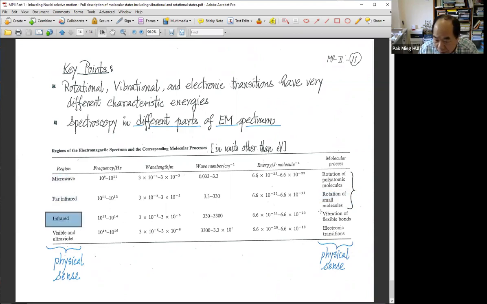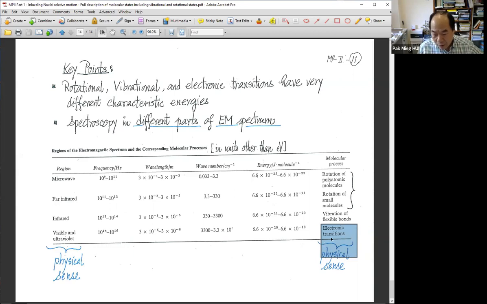Infrared will be related to vibrational motion of the molecule. And then ultraviolet and partly in the visible range will be electronic transitions. That is the atomic transitions, okay? So that is the big picture.